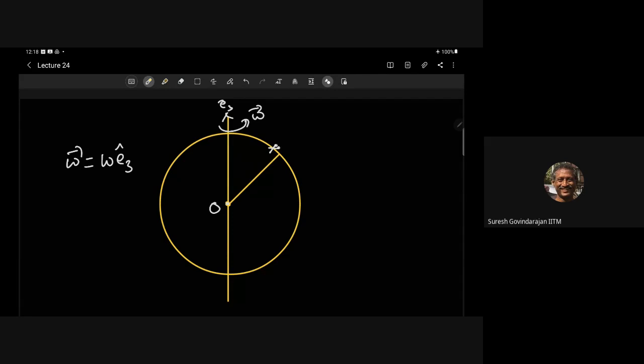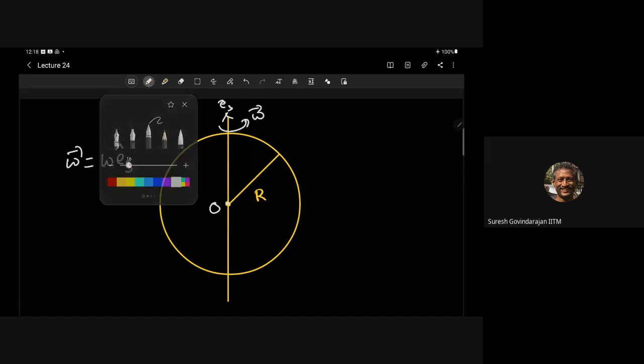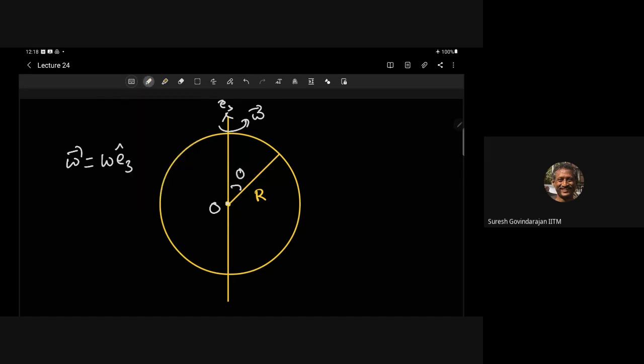Let me move my X; it's simpler to make the X move. So this is the R, and this angle will be theta. So we are at some point on Earth, which is here.